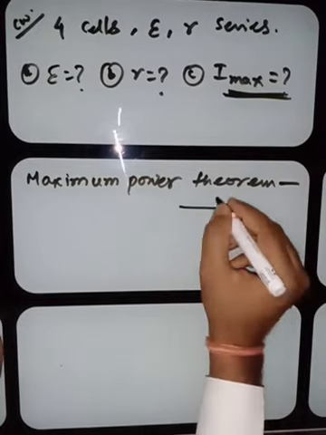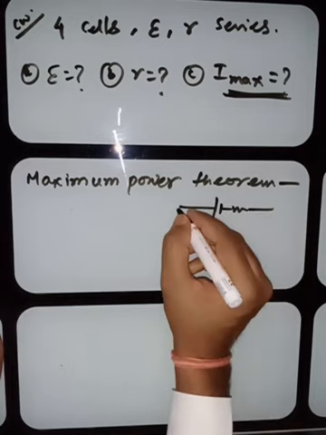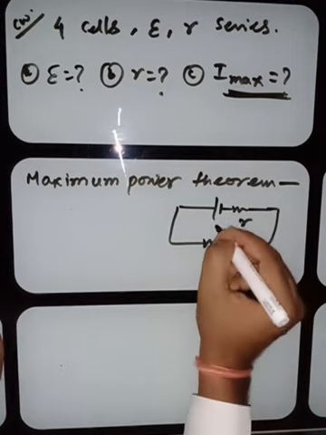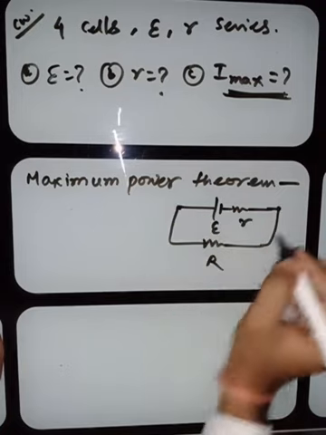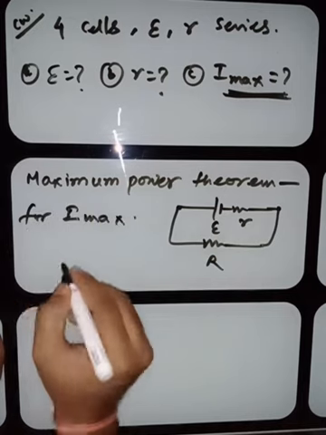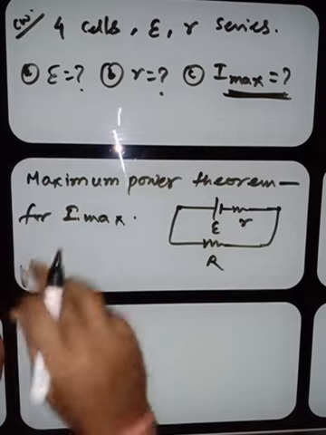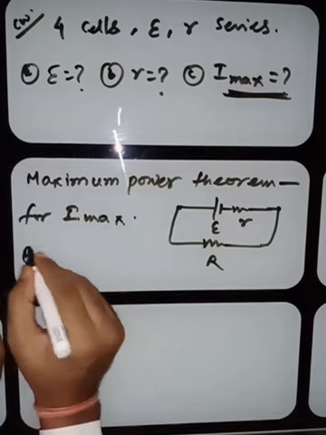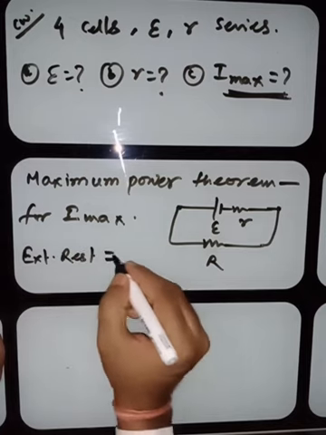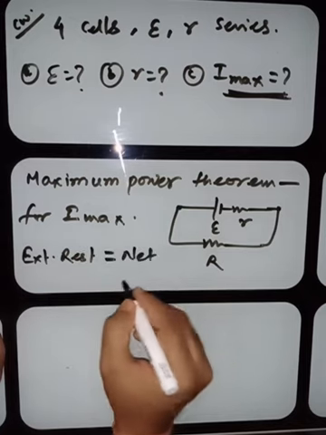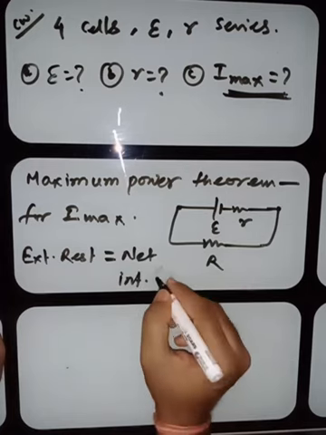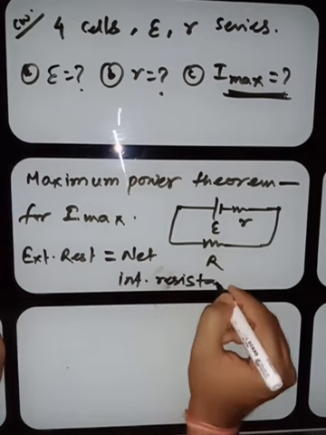If it is the circuit, look here carefully, with the load resistance R, internal resistance, and the EMF. So for I max, remember the external load resistance should be equal to the net internal resistance.